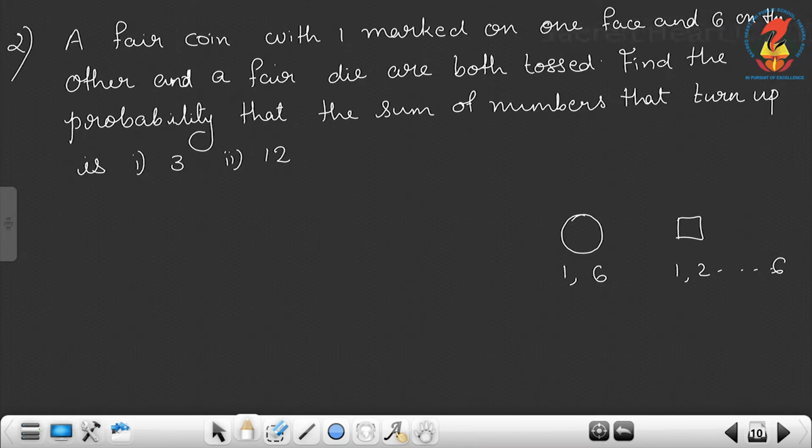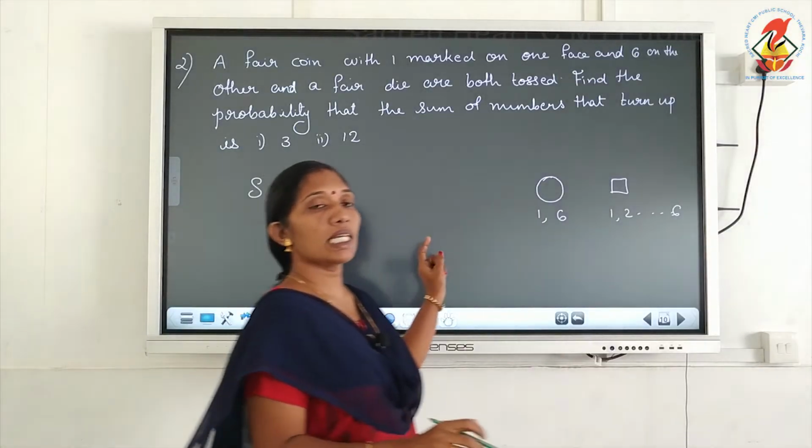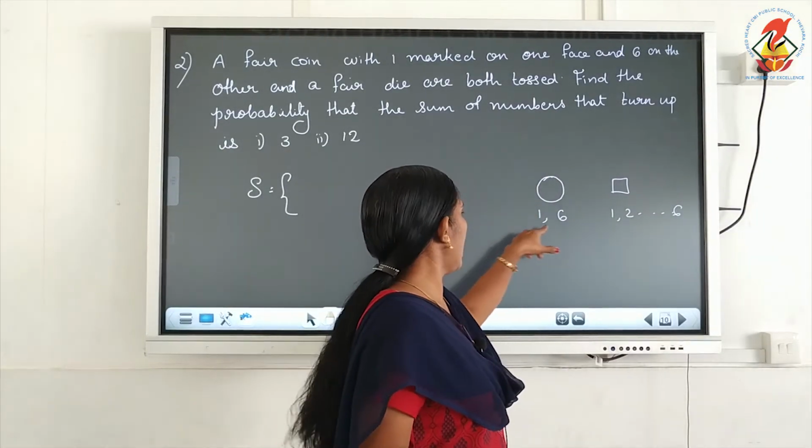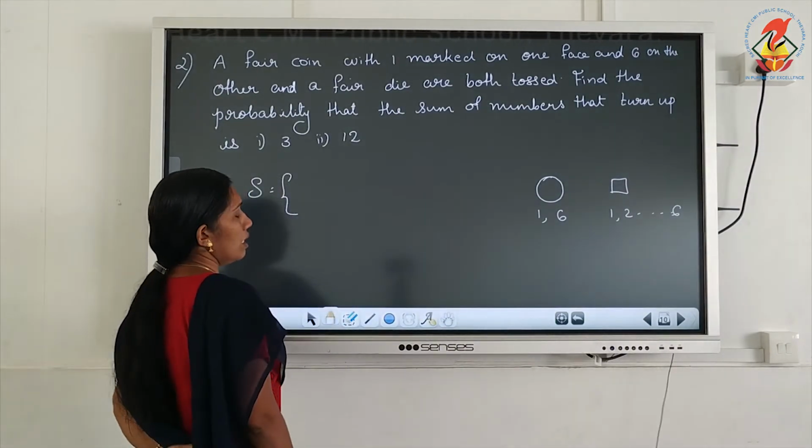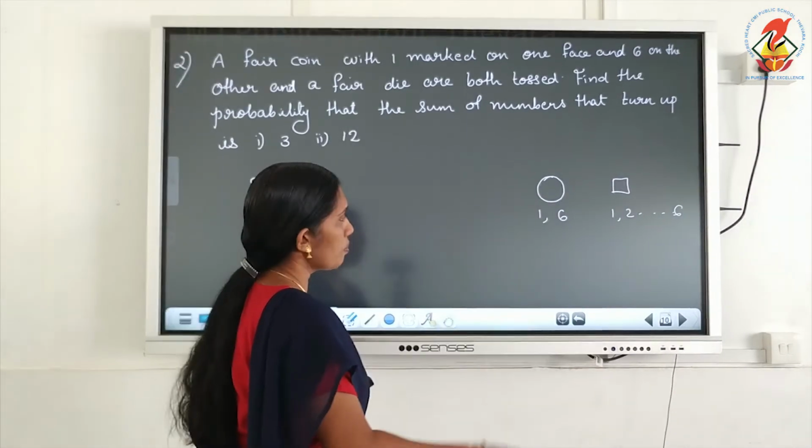So what is the sample space? First you think about the sample space. Fair coin means equal chances to get 1 and 6. The sample space is the set of possible outcomes.